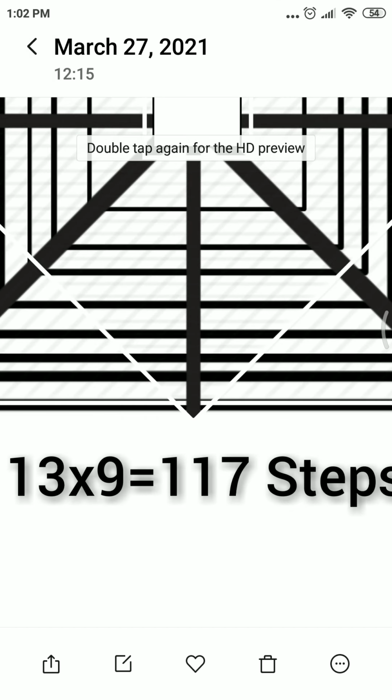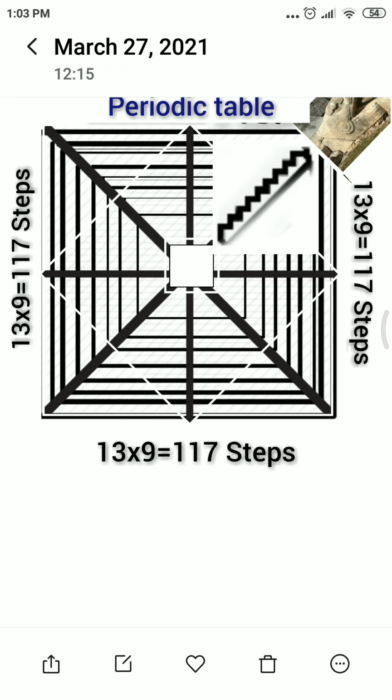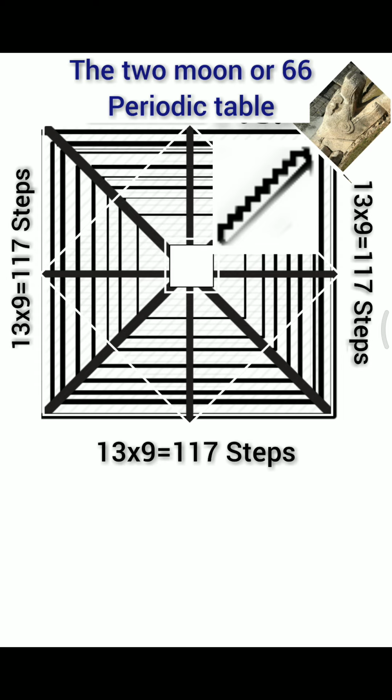So if you have 117 steps on each side, then what would you get? Including this hydrogen on the top, each of the sides will have 118 elements. So that is what I'm driving at.